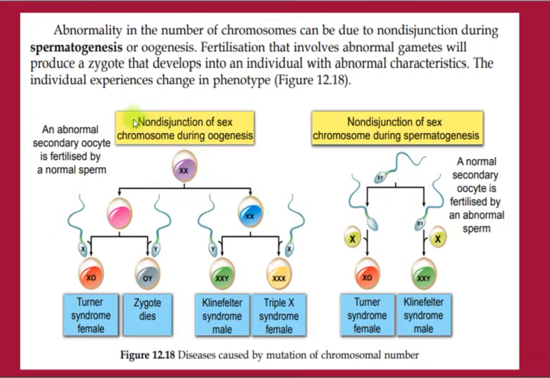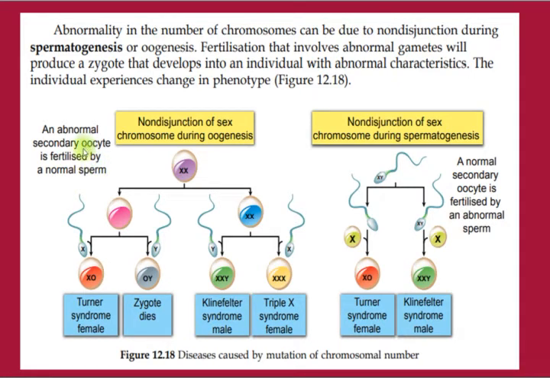If non-disjunction of the sex chromosomes occurs during oogenesis, in the formation of the secondary oocyte, what happens? An abnormal secondary oocyte is fertilized by a normal sperm.